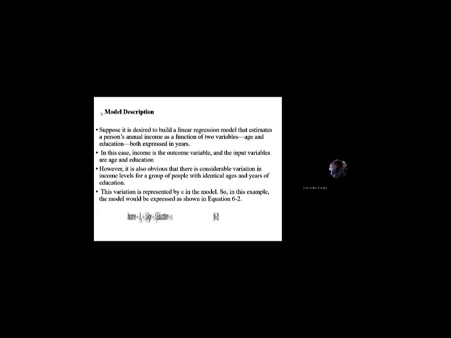However, we include this epsilon value because there is considerable variation in the income levels for a group of people with identical age and years of education. So there may be some difference in income for people with identical levels of age and education, and that's represented by this error term epsilon in this model.